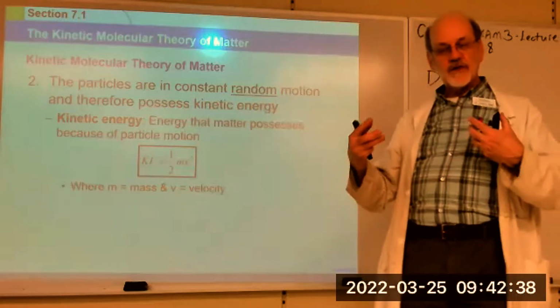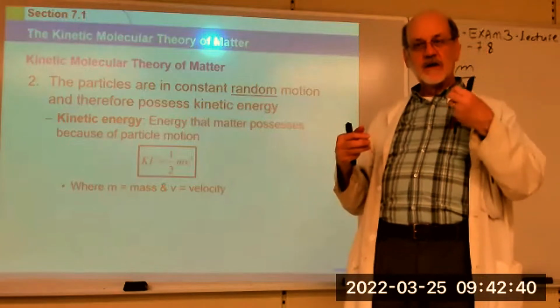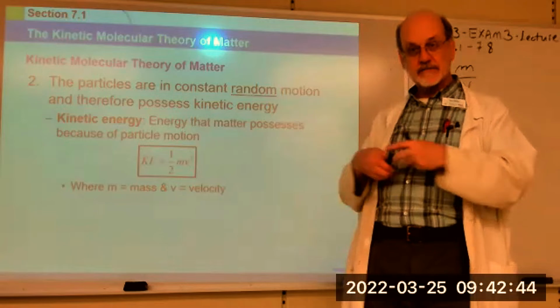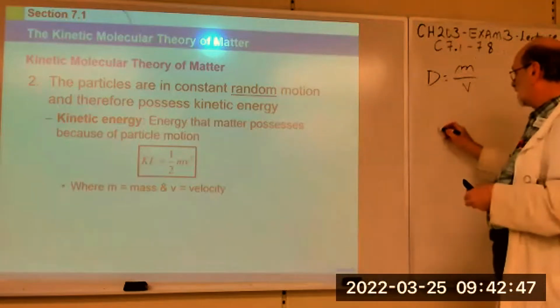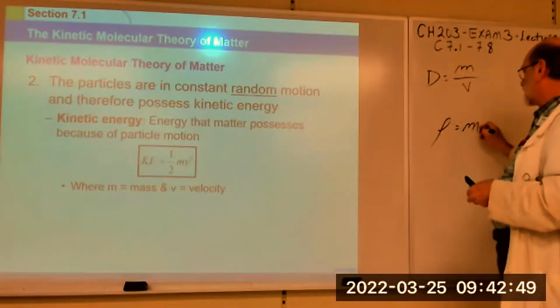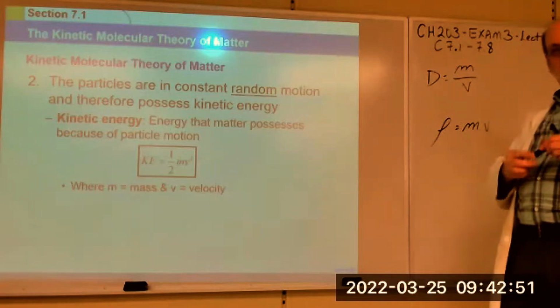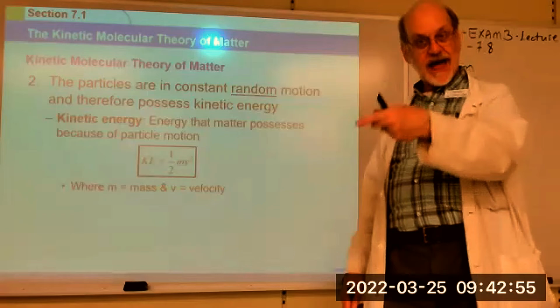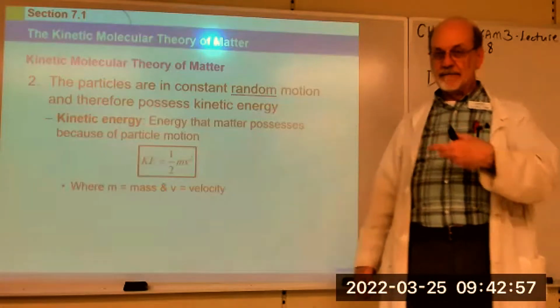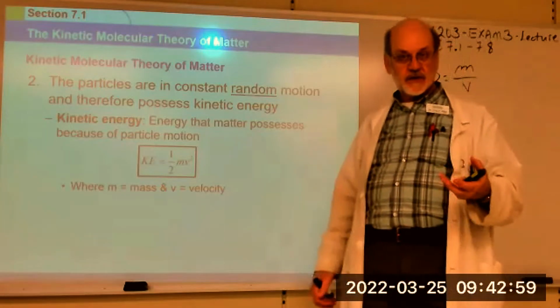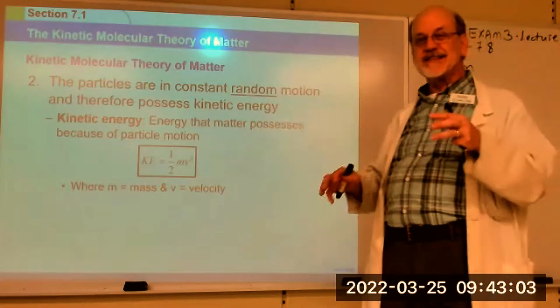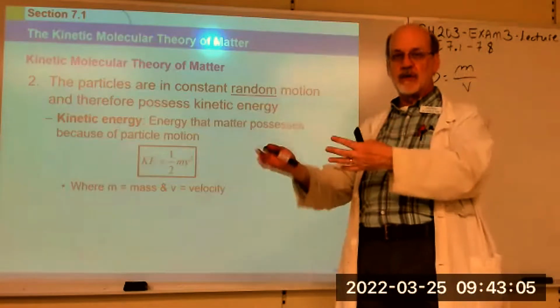You'd have to know the momentum, mass times velocity, of every particle in order to predict its outcome, right? And not even our supercomputers can do a good job of that. So we just say, all right, they're random, and we're going to treat it statistically. What's the most probable outcome?